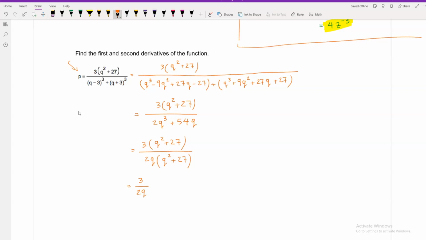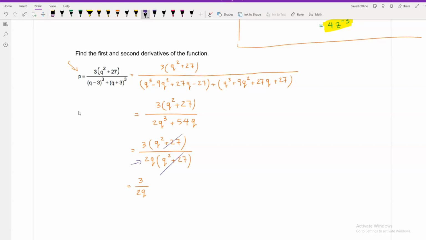Again, we can simplify. So we have 2q, that is a common factor in denominator. So factor out that part. It's 2q times (q² + 27). Now we can cancel that part from numerator and denominator. So what we have for p is 3 divided by 2q.